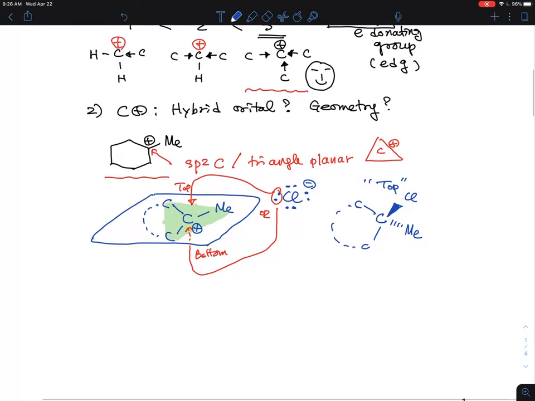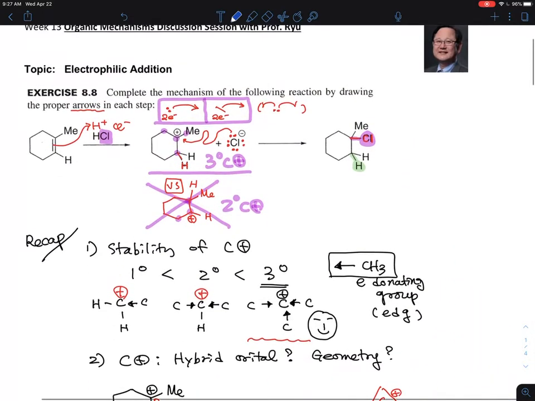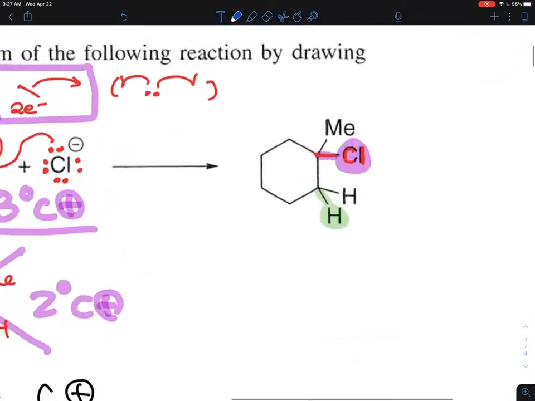And if you're making the bond from the bottom, my habit is to make a bond first, because this will define the plane. By writing this you can define the plane, and then the chlorine comes from the bottom. So to be consistent, chlorine comes to the bottom and the methyl goes to the top.